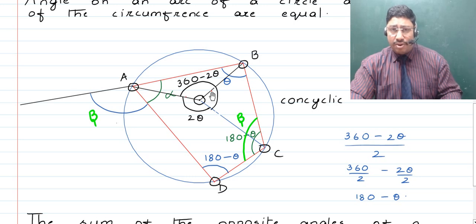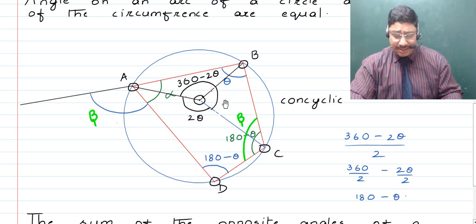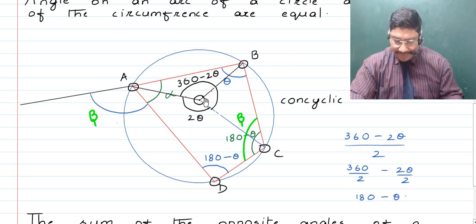And since the angle about a point is 360, the angle about the point will be this 2 theta, and the rest, which is to be subtracted from 360. That means 360 minus 2 theta will be the rest.